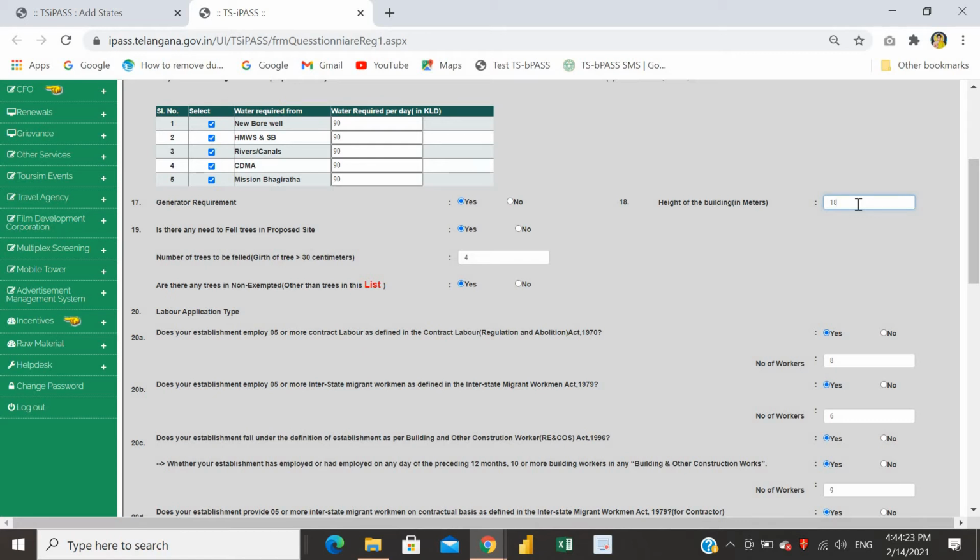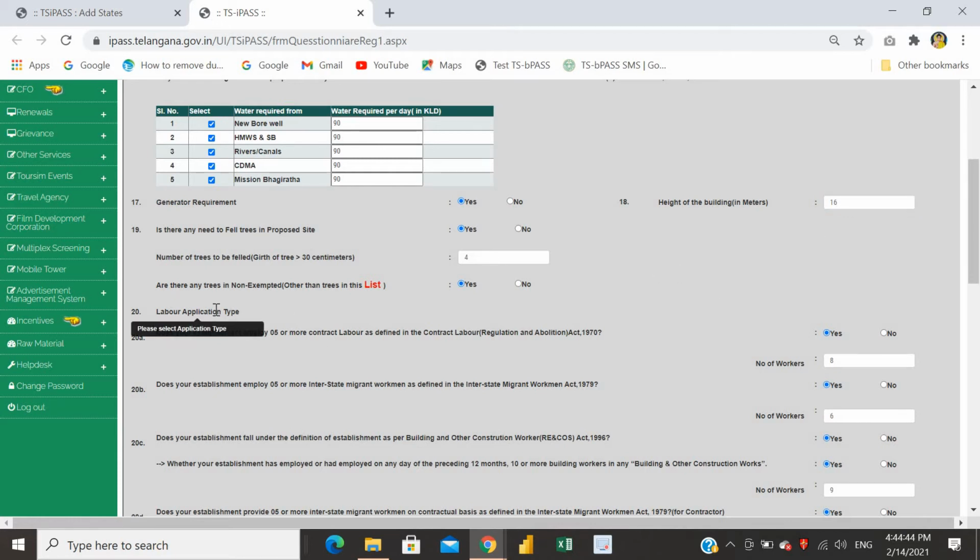So if the height of the building is less than 15 meters, there is no requirement of taking fire department approval. If it is above 15 meters and up to 18 meters, then a provisional NOC has to be taken. So I am giving my unit height as 16 meters.